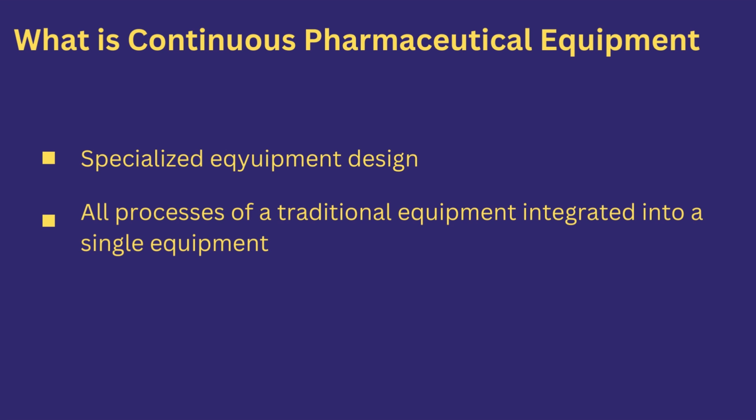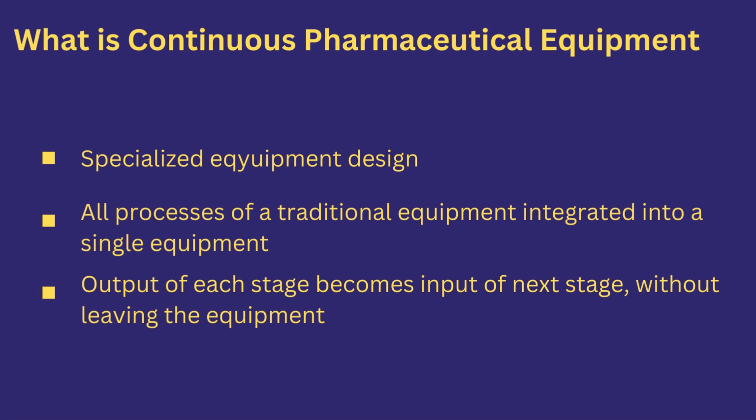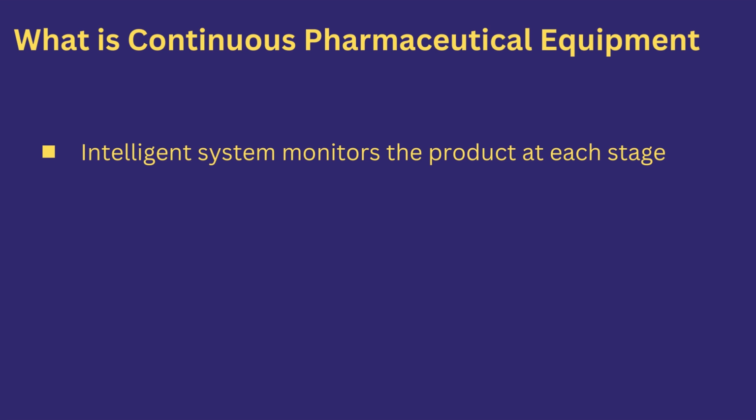In continuous pharmaceutical manufacturing, the product does not leave the equipment at any stage. It also eliminates the need of transferring intermediate product from one location to another or from one equipment to another. The output of each stage becomes the input of the next stage without leaving the equipment. This chain continues until the product comes out of the final stage of the equipment.